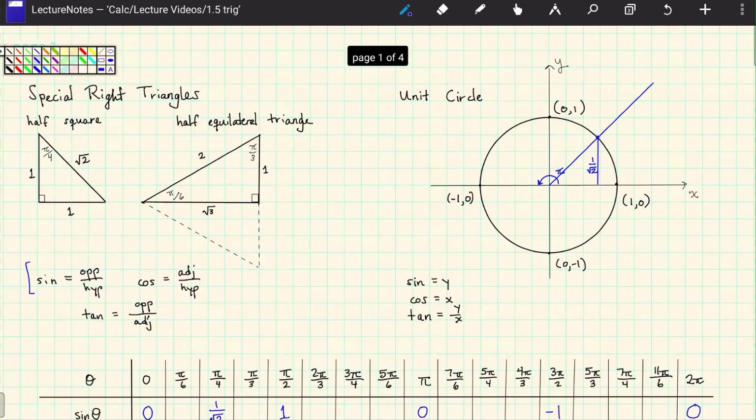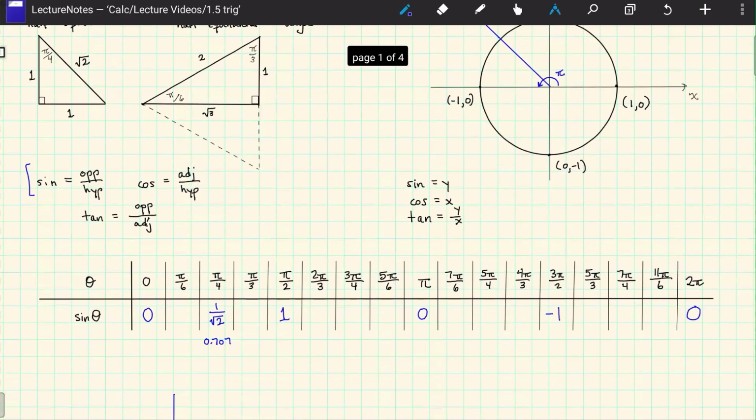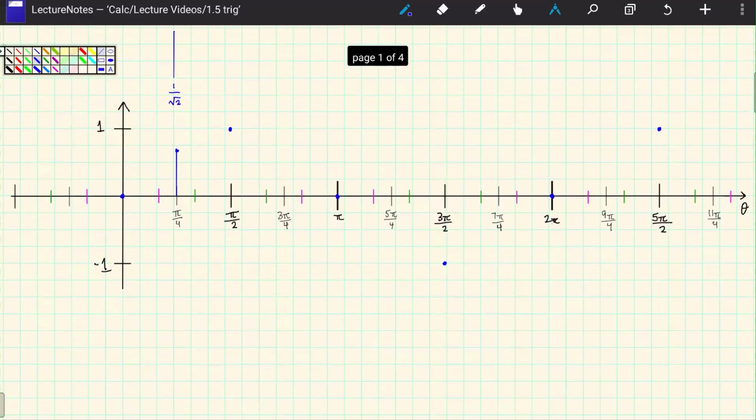Let me bring this back. At angle 3 pi over 4, I'm over here. And again, I have that same height. It's a positive 1 over square root of 2, or 0.707. So I'm going to put that here. Now I'm just eyeballing it, making sure that this is the same height.